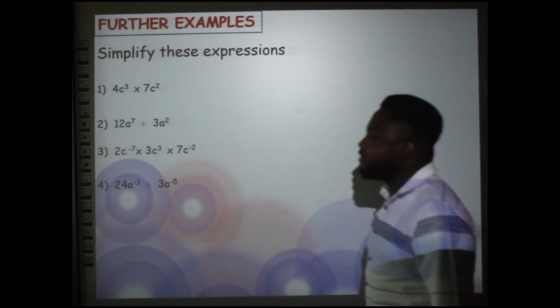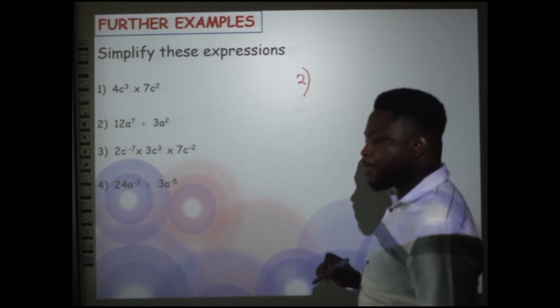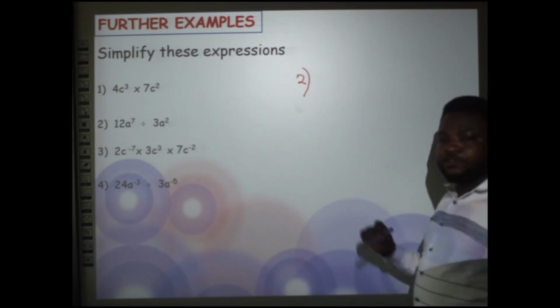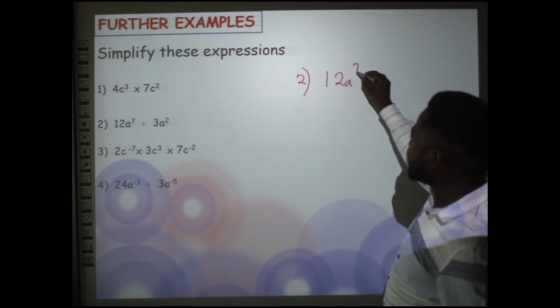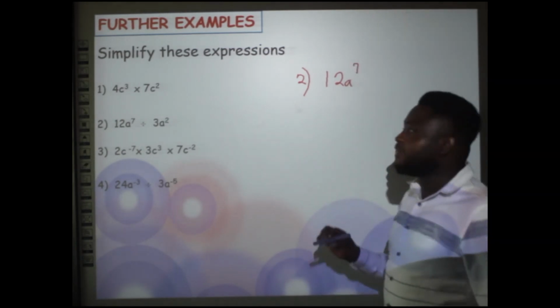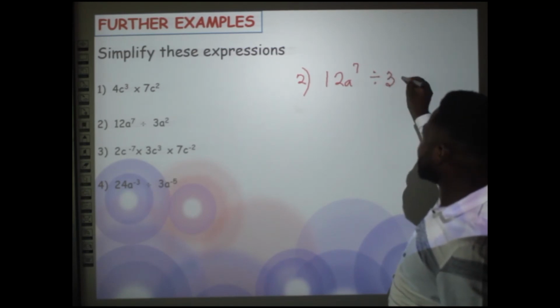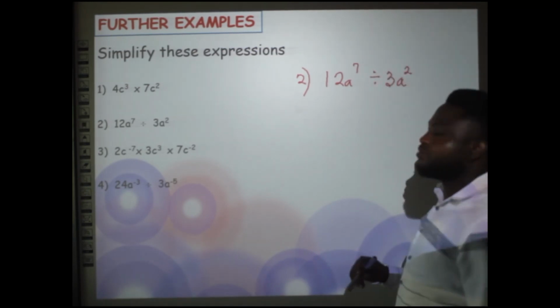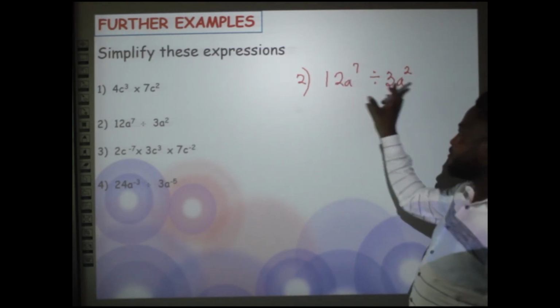Now for the second example, we have 12a raised to the power 7 divided by 3a raised to the power 2. Right? The first thing is you separate the numbers from the letters.